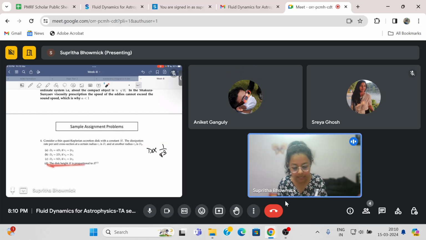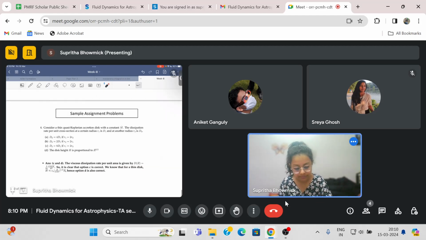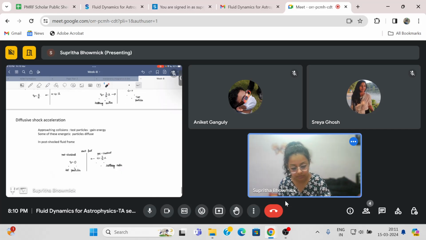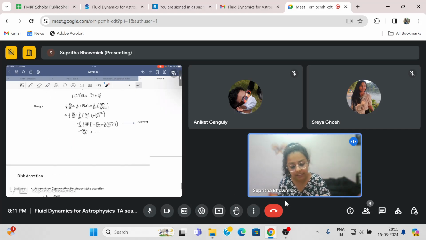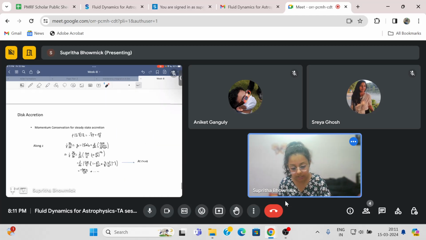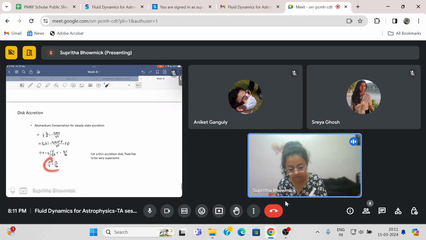Okay, the disk height is proportional to r to the power of 3 by 2. How will we get that? If you remember, the z component of the momentum conservation equation told us this, right? The height of the disk is related to the azimuthal component of velocity, the speed of sound, and the radial distance at which you're considering this height, as this ratio.